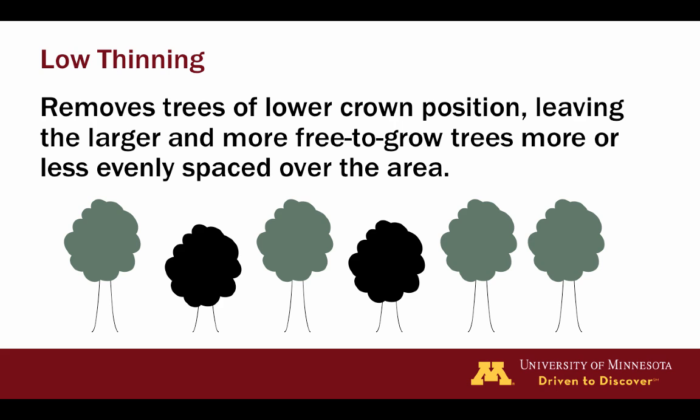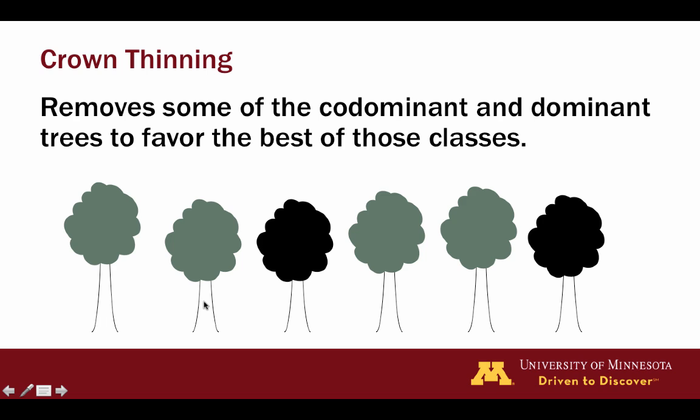I'm not going to read these full definitions, so please feel free to pause the lecture and read them. With a low thinning, we're removing trees of the lower crown position. With a crown thinning, we're removing trees of the codominant and dominant class to favor those within that class.